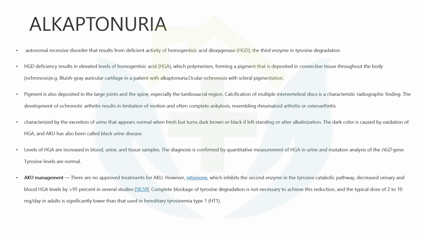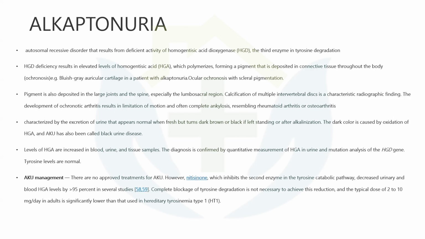Now, how will it look if it is coming in the urine? Freshly passed, it is normal urine. But when you keep it for some time, the urine becomes dark brown or black, because homogentisic acid is oxidized and turns black. So it is also called black urine disease.